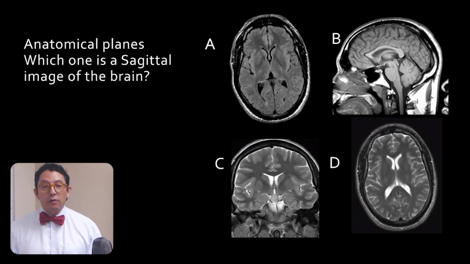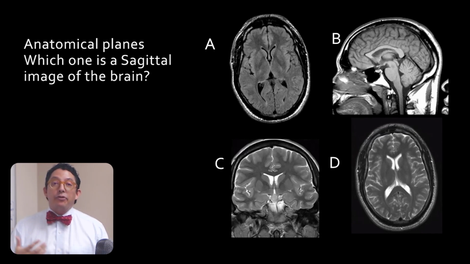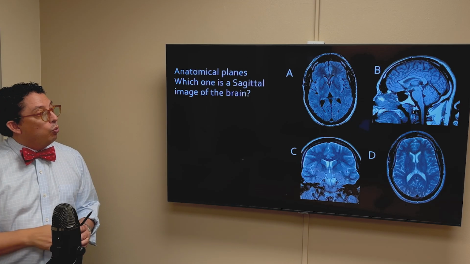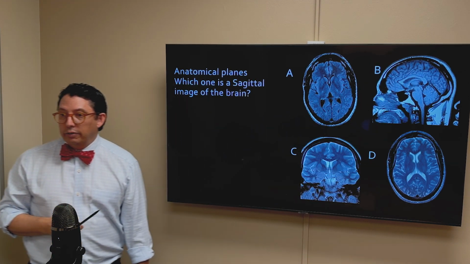We call that axial. You have one that divides the body into anterior and posterior, which is called coronal. And then one that divides through the midline into symmetric halves, left and right, called sagittal, or slightly offset, which we call parasagittal.